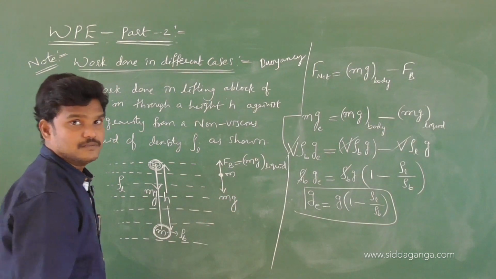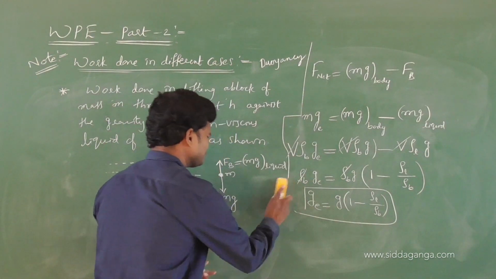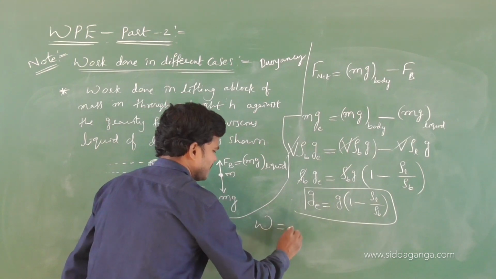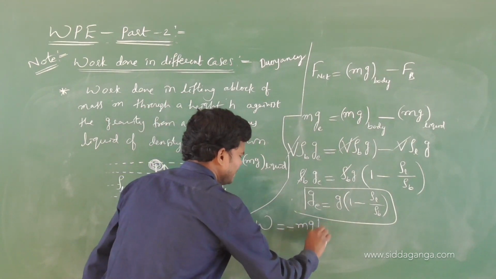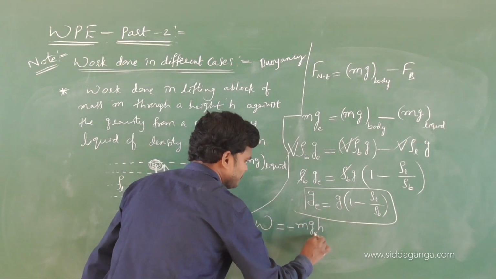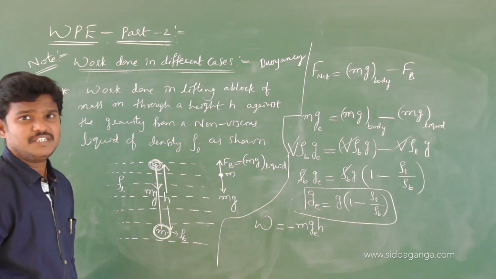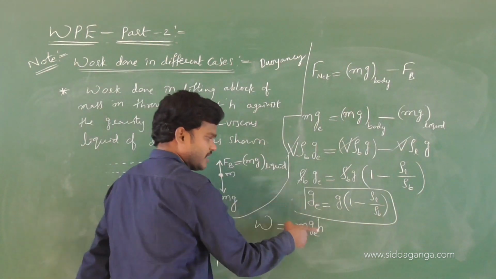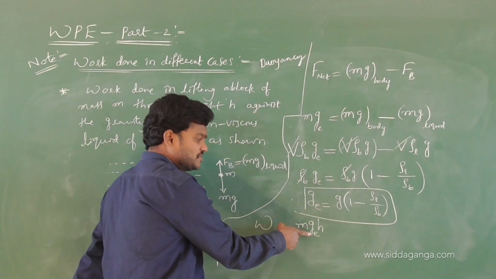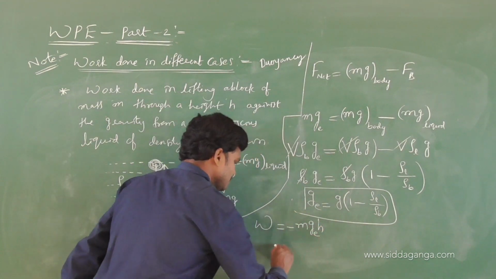Now let me write the formula. Work done against gravity is minus mgh. M stays as it is, g becomes g effective, and the height is the same.